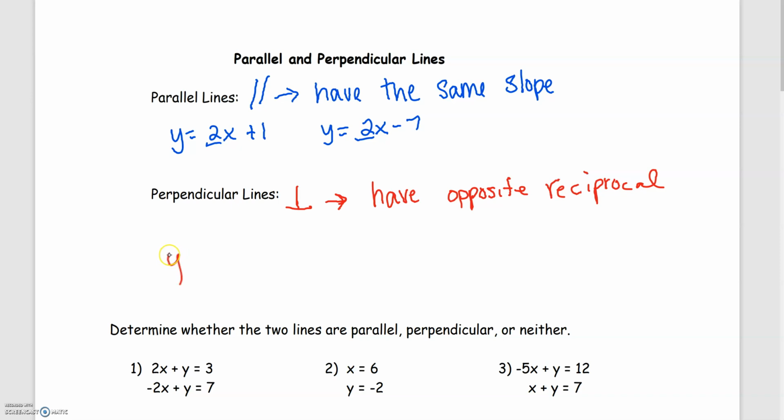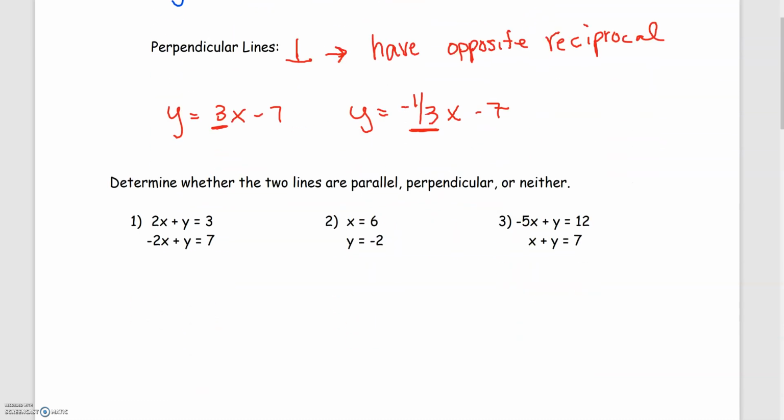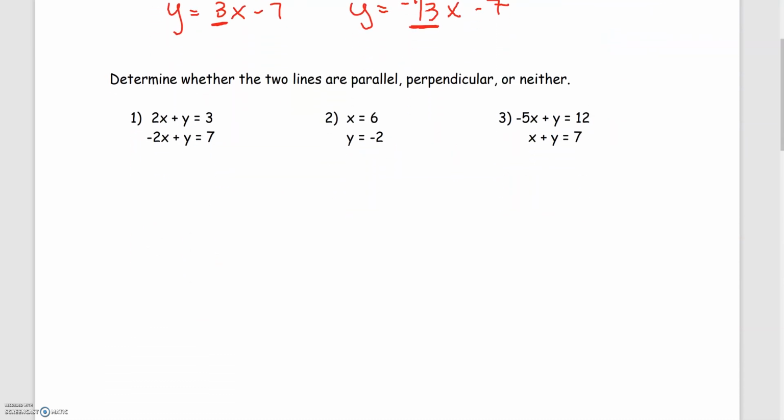So for example, y equals 3x minus 7, so 3, and then y equals negative 1/3 x minus 7. So these slopes, one's positive, one's negative, and then one is flipped. When we flip a whole number, we know whole numbers are over 1, so when we flip that, it becomes 1 over that number. So let's go ahead and take a look at some examples.